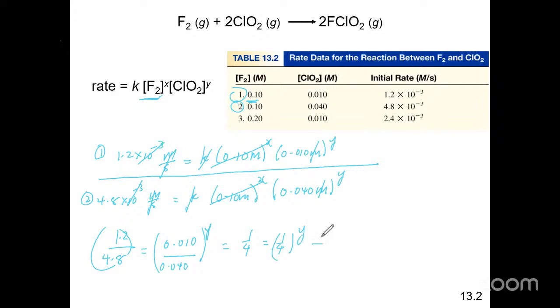So what does that tell you about y? What is y equal to? Anybody? Should be simple enough. If 1 over 4 is equal to 1 over 4 raised to the y power, y is equal to what?